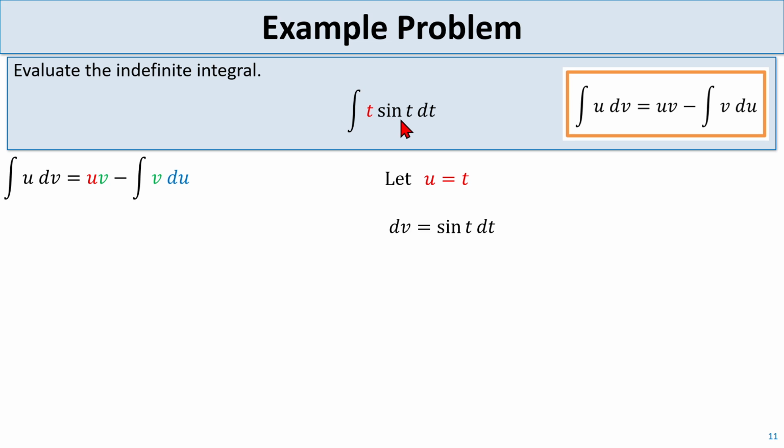In this case, that means dv is sine of t times dt. Now that we have u and dv, it's time to find du and v. Du is going to be the same as dt because u is equal to t. And to find v, we need to integrate. When we integrate sine of t, we get negative cosine of t.